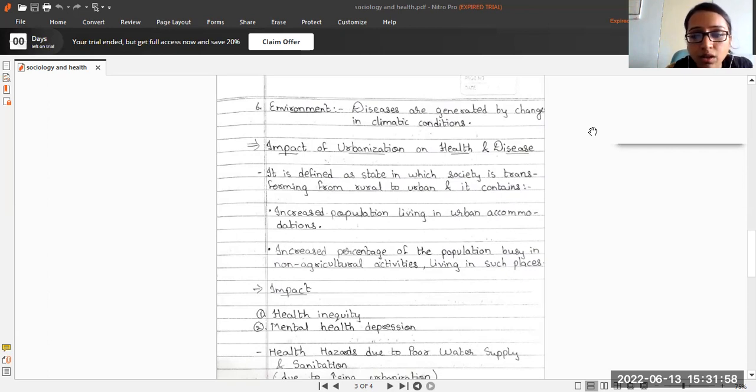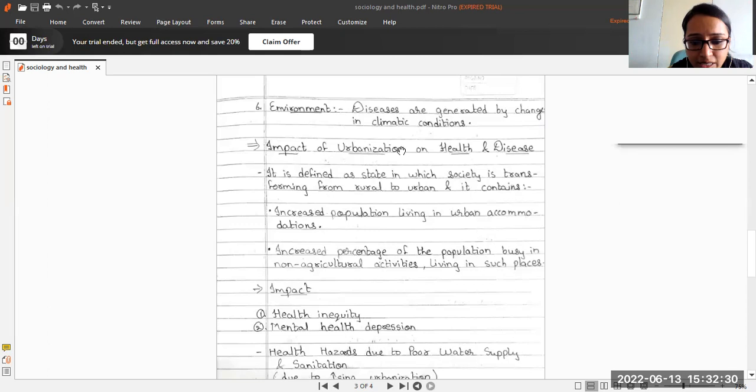There are a lot of people in India, and many living in rural areas. So if many people move from rural to urban areas, there will be a flood of population in the urban areas. If urban areas are accommodating more, the population is busy in non-agricultural activities, right? So the agricultural activities will be lessened, and that will also create a different impact.